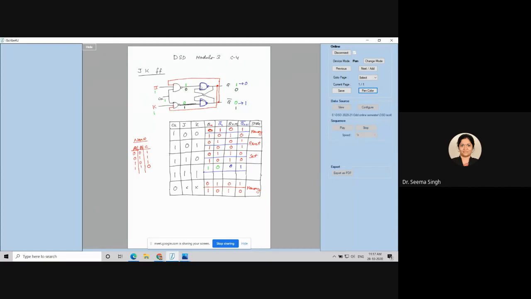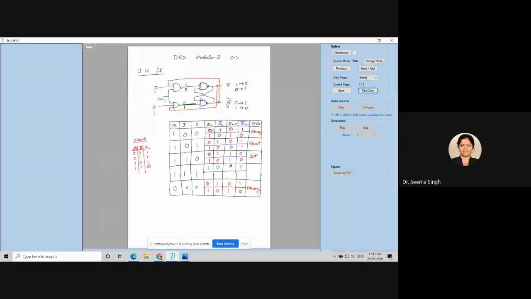As soon as it sees a 0 here, without bothering about the feedback from the output side, it will force the output to be equal to 1. So your 0 will become a 1 here, and for this second NAND gate, the down NAND gate, after this becomes 1, this 1 and 1 will make the output as 0.